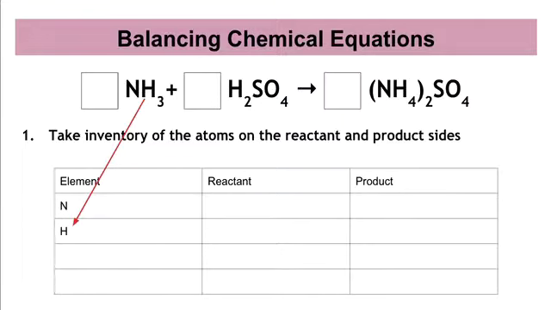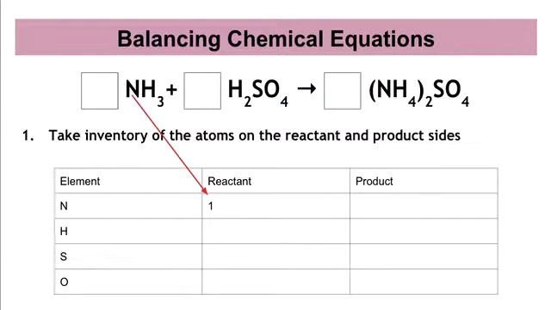I'm going to list that as an element. I don't need to list hydrogen again because we've already listed it, but now I have sulfur. That's the next element I'm going to list. And then oxygen as my last one. If I look at the product side, I have the same exact elements on that side. Now we're going to take inventory.